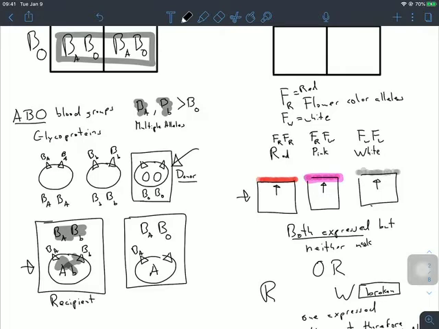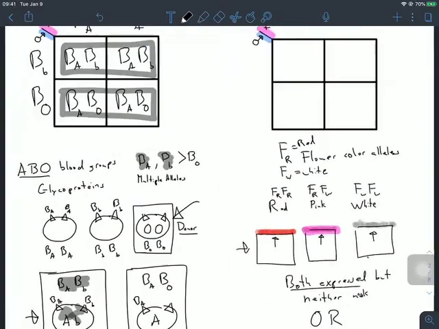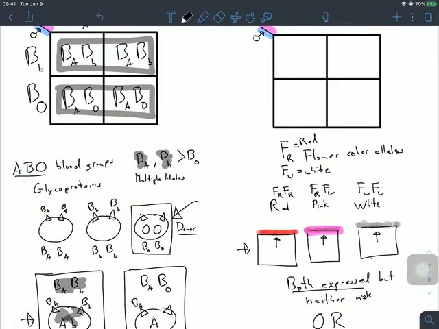But because AB functions more on a qualitative, do you have A or do you have B or do you have both? There really is no blending. They're expressed as separate units. In the case of flower color, on the very surface of the cells of the flower, you can see that there is red pigment and that there is white pigment, but when you zoom out on it, it just looks red, white, or pink to you.